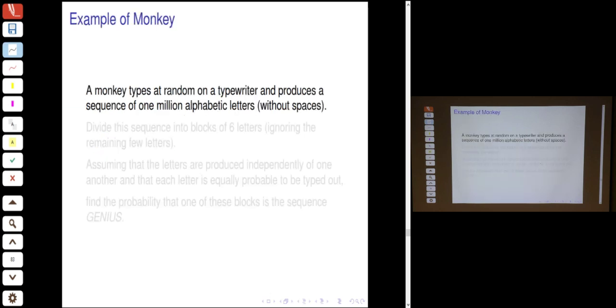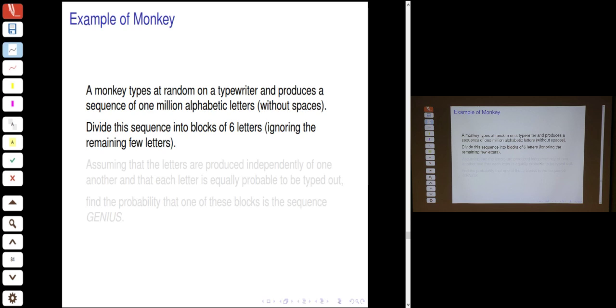Now let's look at another example. The title of this slide was misleading. The example mentioned monkey, but these are not examples of monkeys. The scenario is this. Assume you have a monkey typing at random on a typewriter, or it jumps on the computer or whatever.